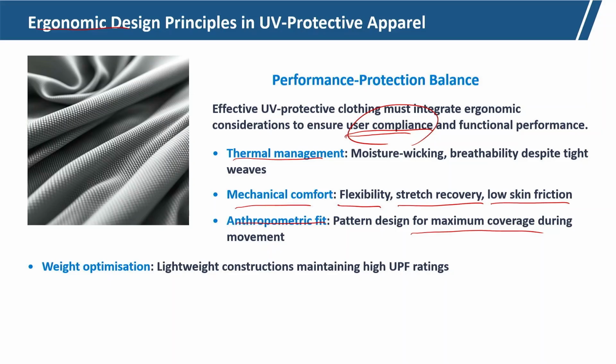For UV protection, we can have a very thick, heavy fabric, that will give us very high protection. But our requirement is not only the protection, we should have the performance. To have better performance, we need a lightweight fabric.